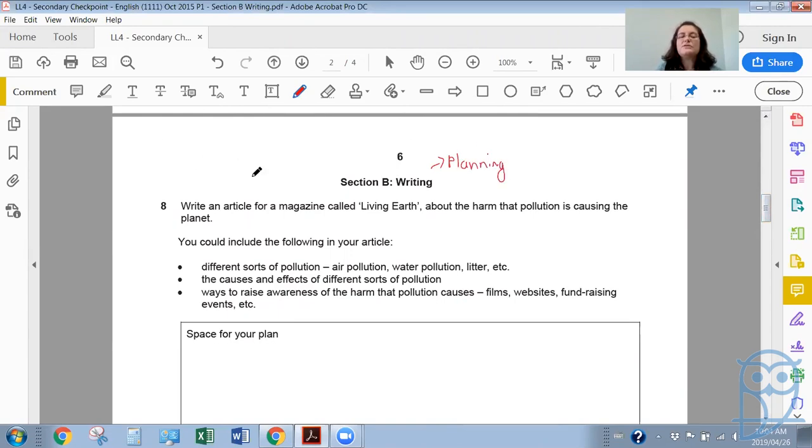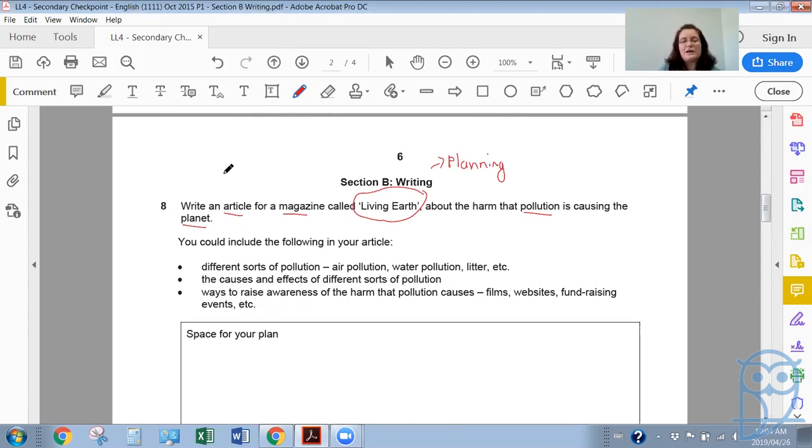This is the kind of question you could expect to get. Write an article for a magazine called Living Earth. It's about the harm that pollution is causing the planet. So now we understand why the magazine is called Living Earth. It obviously focuses on environmental issues.